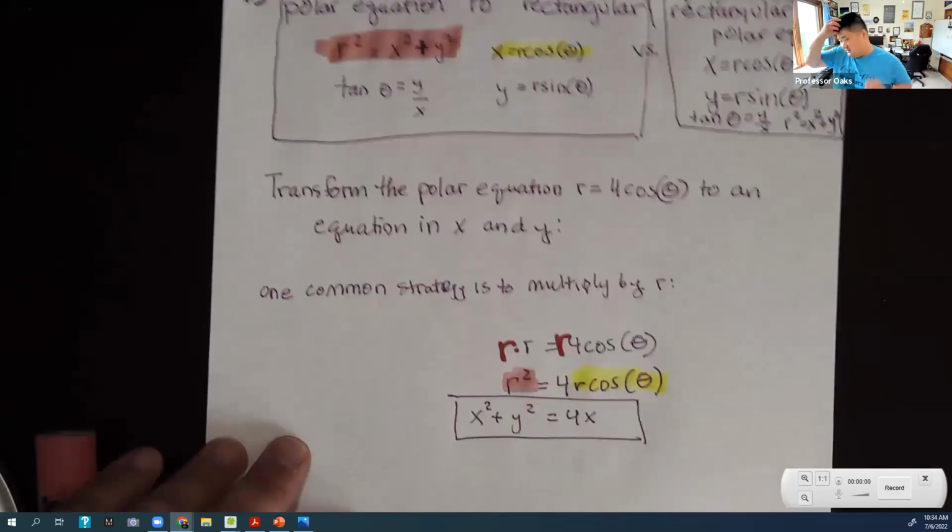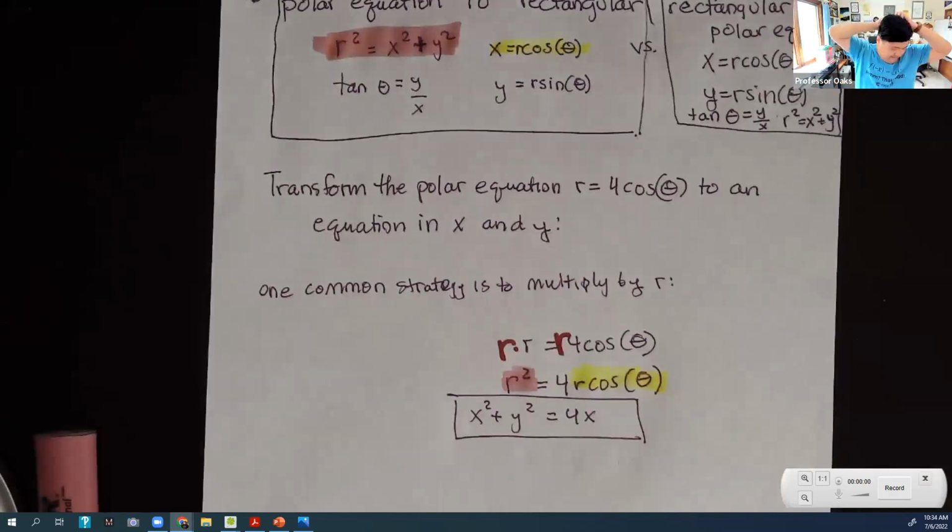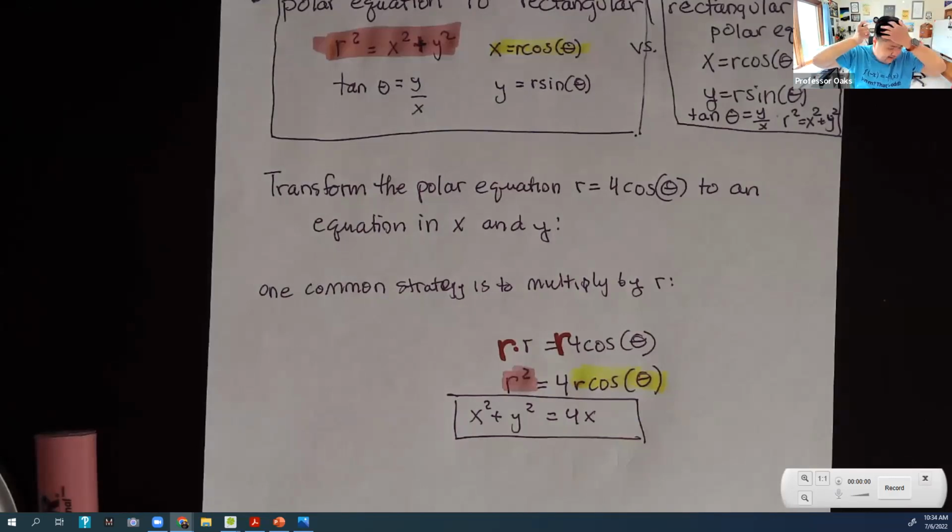Like I said, the easier thing to do is just look at those 4 formulas and see what you can do to make the problems look like what's in the box.